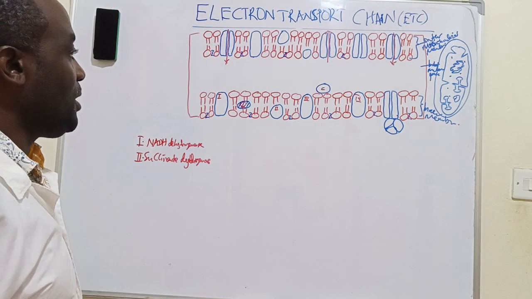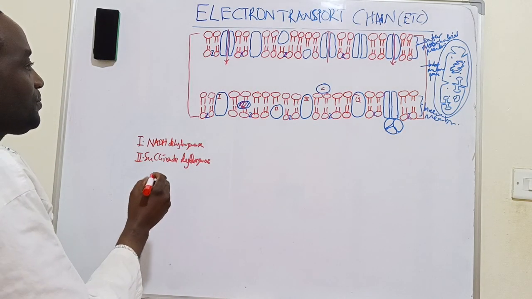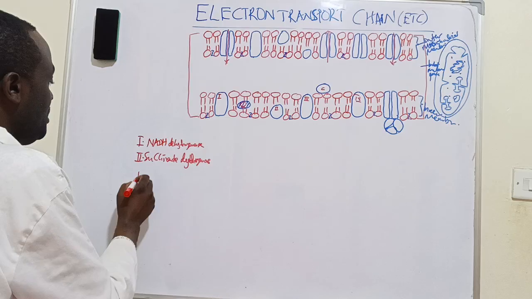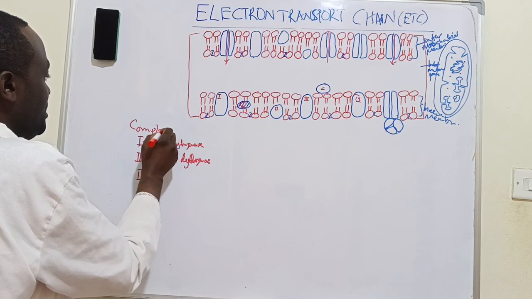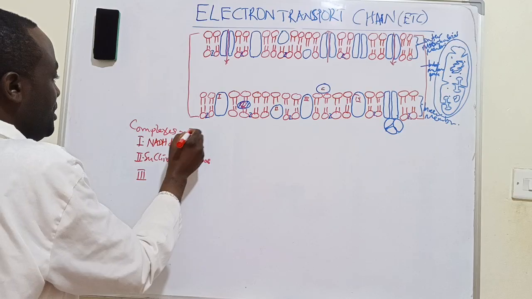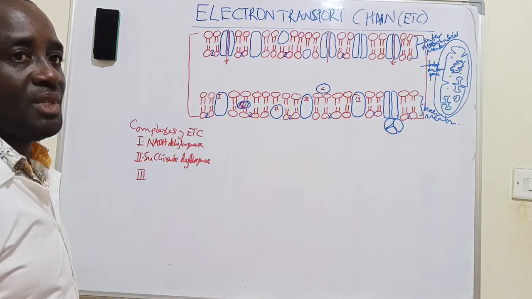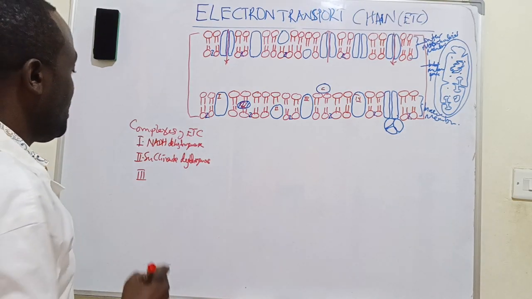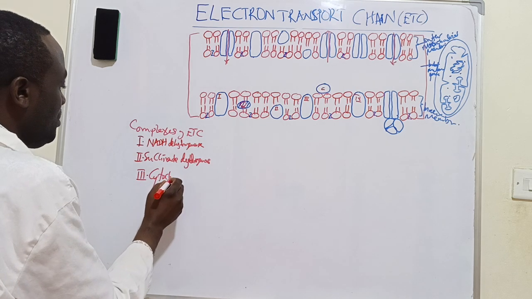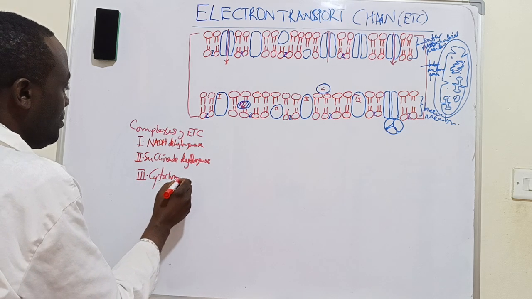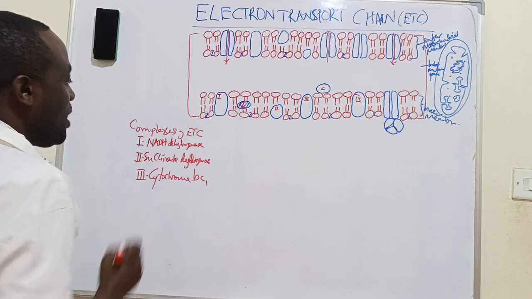These are the complexes of the ETC, the electron transport chain. Complex 3 is called cytochrome BC1.